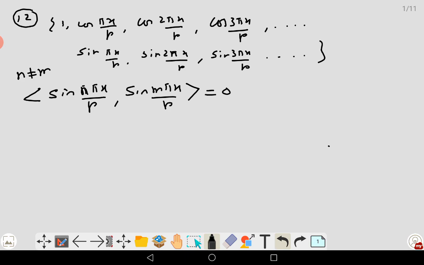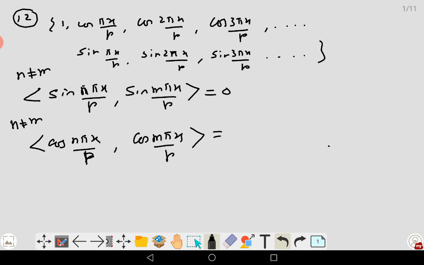So we are going to try here for n not equal to m: cosine n pi x over p, cosine m pi x over p, two different cosine values, maybe cosine 1 pi x, cosine 3 pi x, 2, 4, anything, with the limit given in the problem from negative p to positive p.